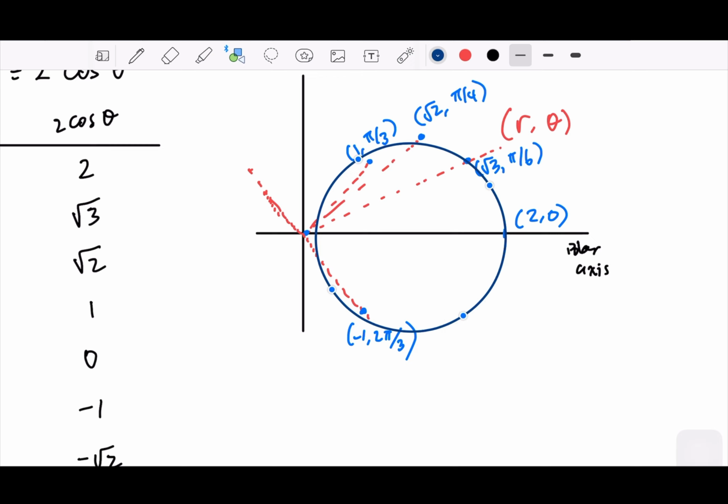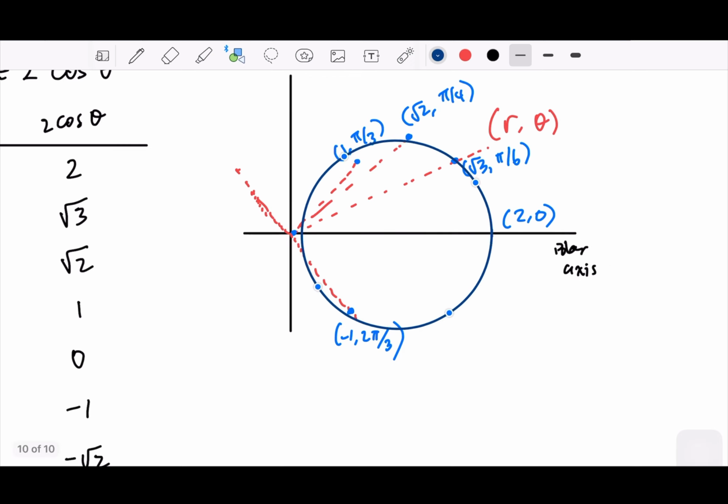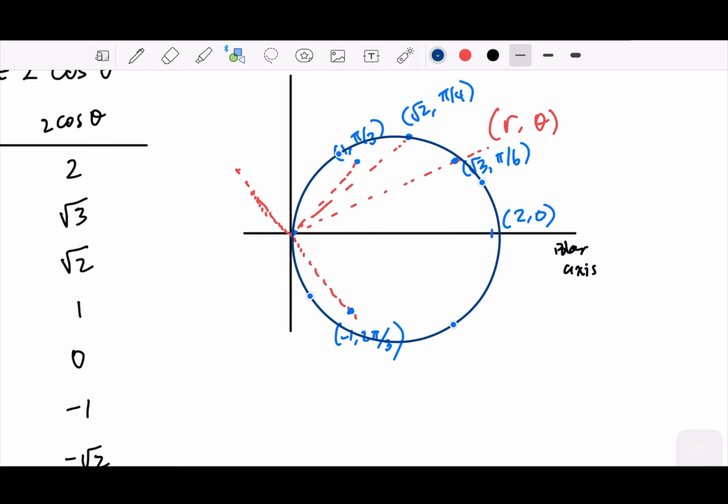Let's say it should be a full circle like this, but I didn't make it more proportional. Maybe we can change this a little bit here. It should be a circle. Cosine theta is a circle.